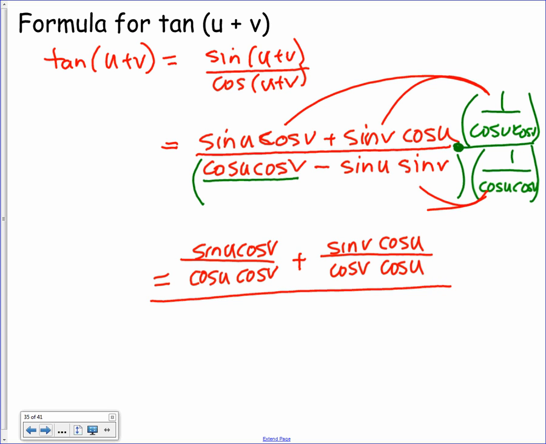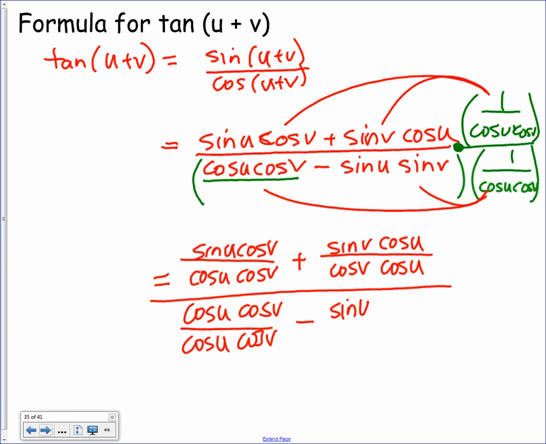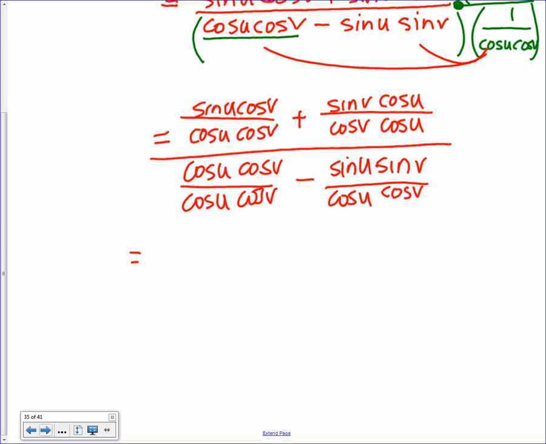Distributed over here, I get cosine u cosine v over cosine u cosine v minus sine u sine v over cosine u cosine v. I hope you can kind of see what happens. First of all, those cosine v's divide out, those cosine u's divide out. These two things divide out.